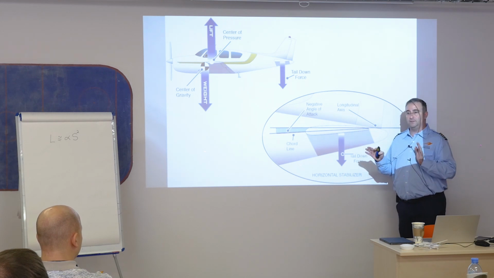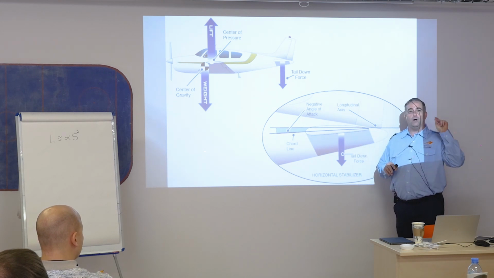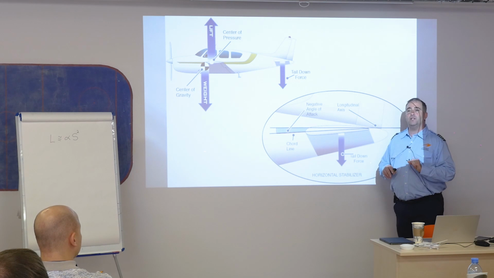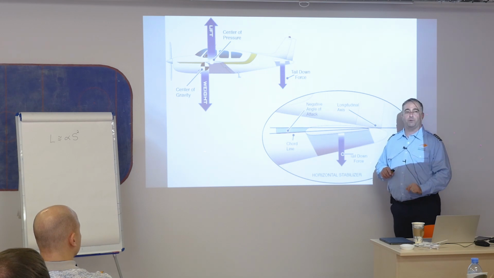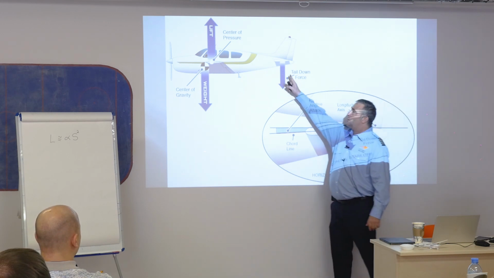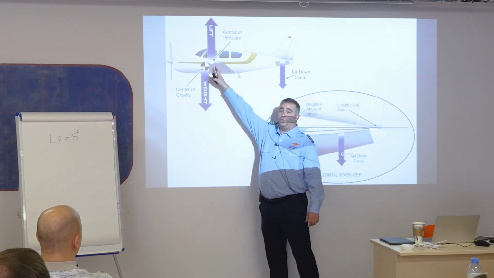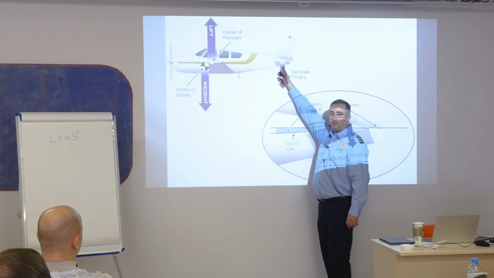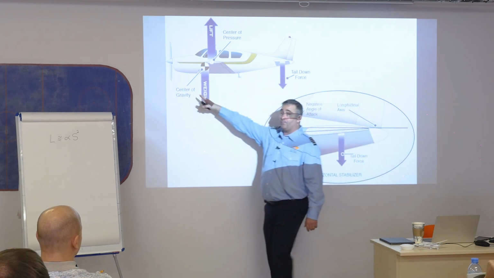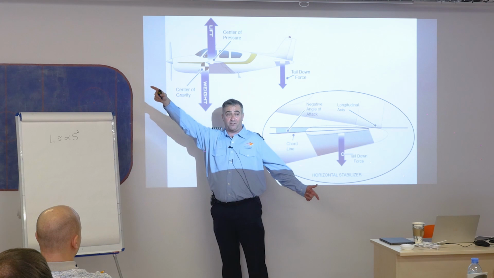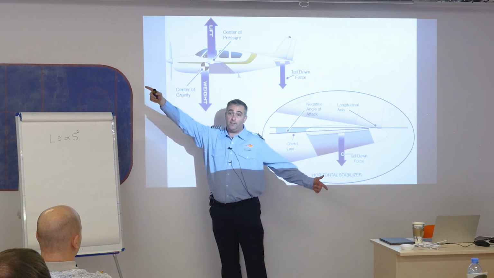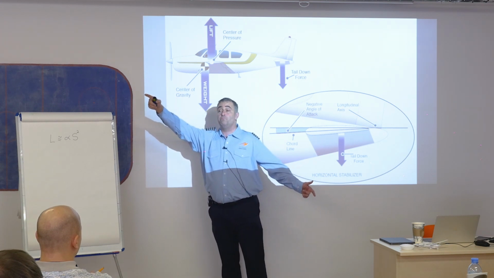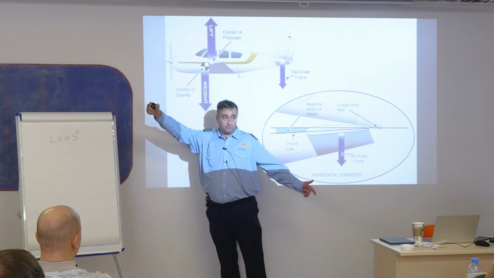I've reduced the thrust. What do I get automatically as soon as I decrease the thrust on the airplane? Well, I get a decrease in relative wind here, and I get a decrease in relative wind there. Remember, that propeller is a 6-foot piece of steel. That is producing a tremendous amount of thrust, okay?